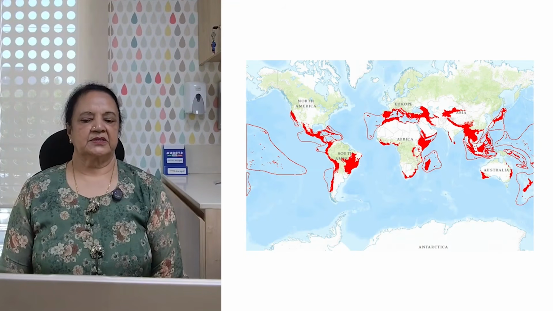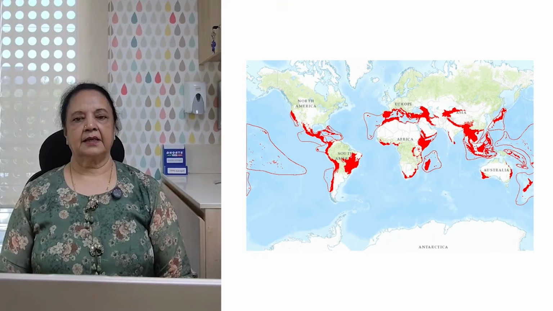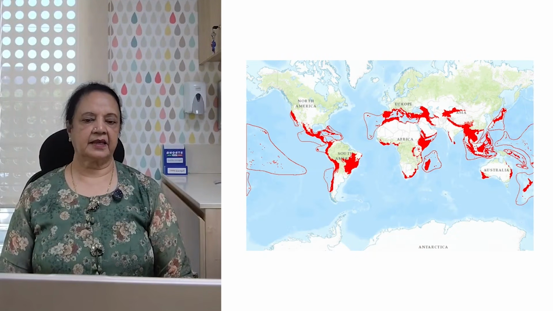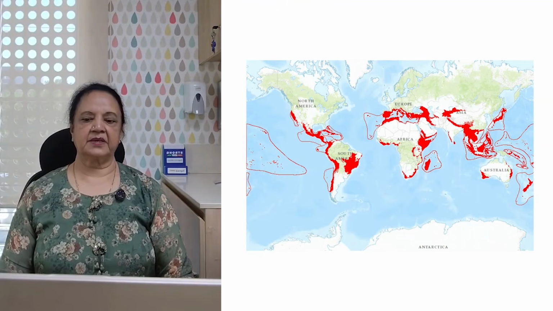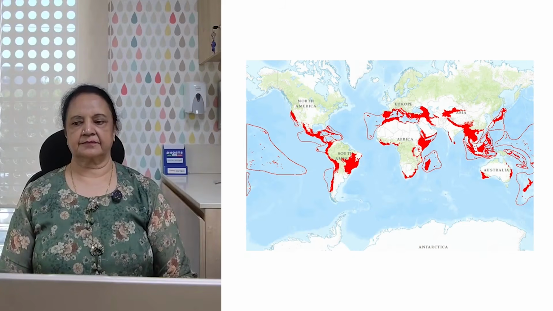Examples of hotspots include the Western Ghats and the Himalayas in India, which harbor thousands of endemic species facing severe threats.